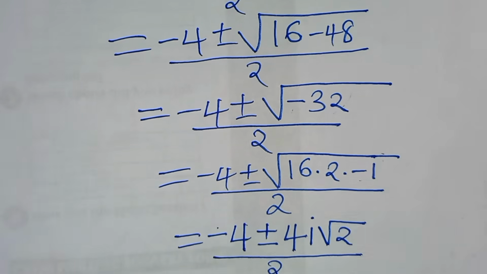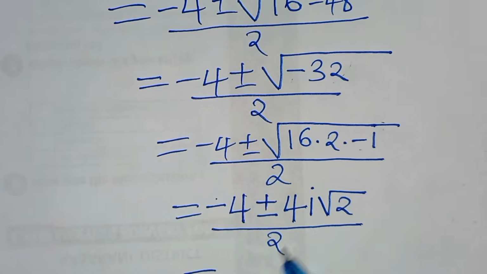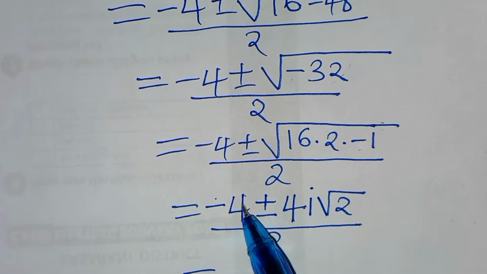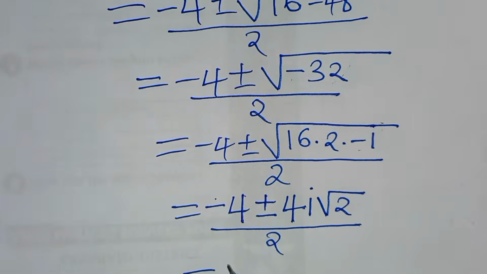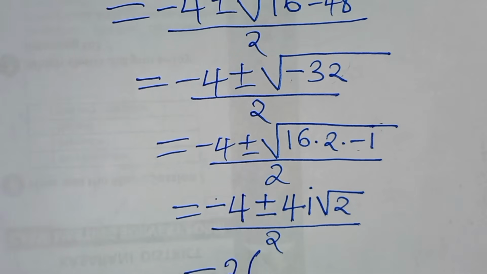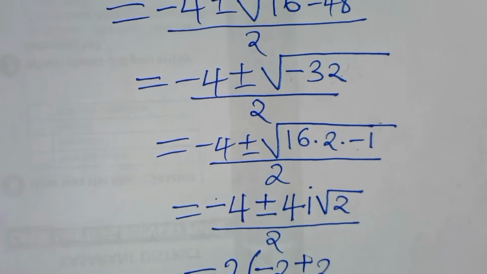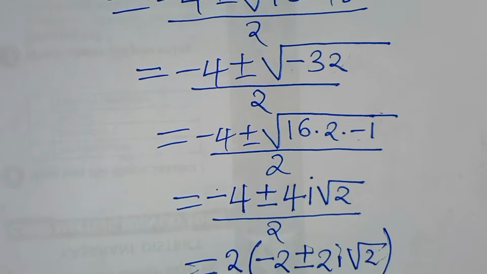So we have minus 4 plus or minus 4i square root of 2. Two is common here, so we can factor out 2: minus 2 plus or minus 2i square root of 2, all divided by 2.